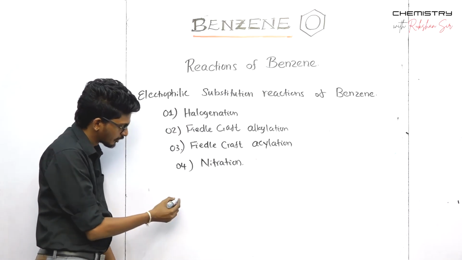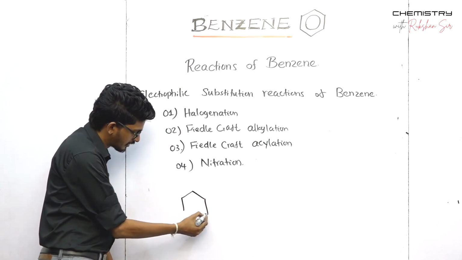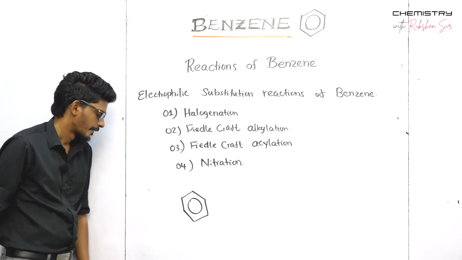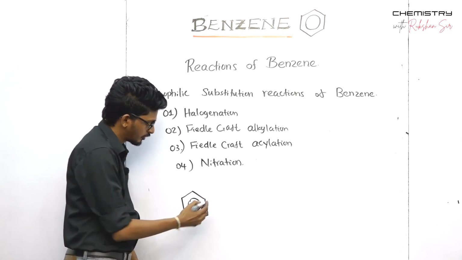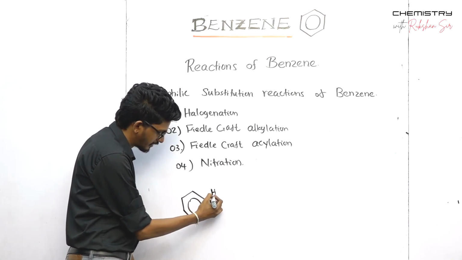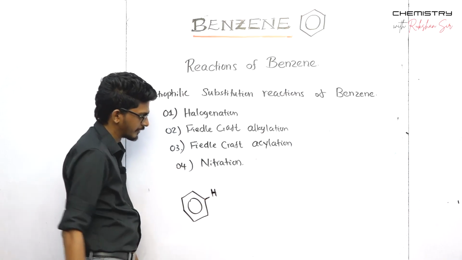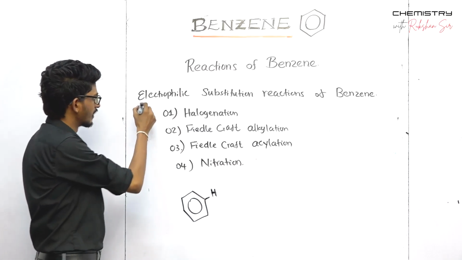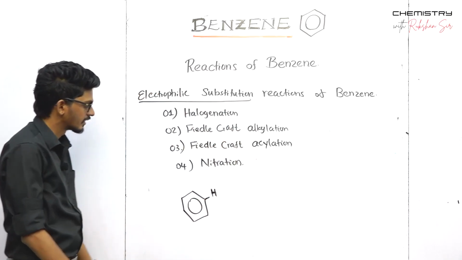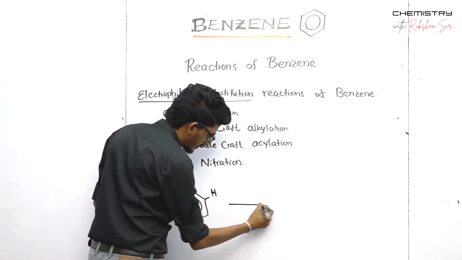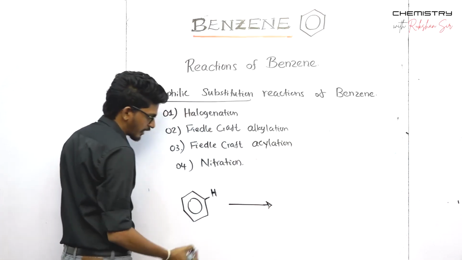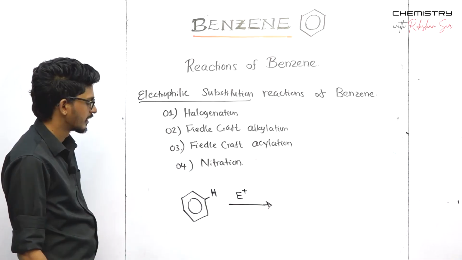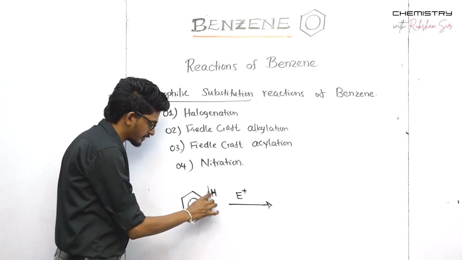So it is like this. We know that benzene is an unsaturated compound. I'll just write one of the hydrogens here, and we know that the characteristic reaction type is electrophilic substitution. So basically, the electrophile will come towards the benzene ring and replace one of the hydrogens.